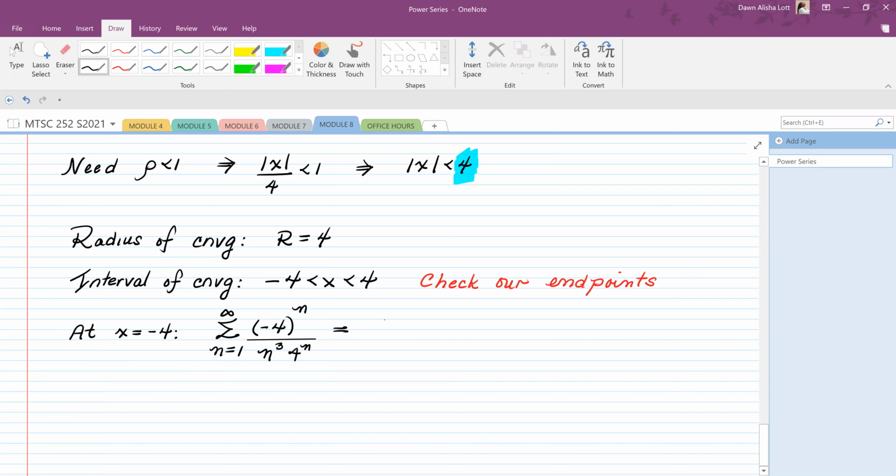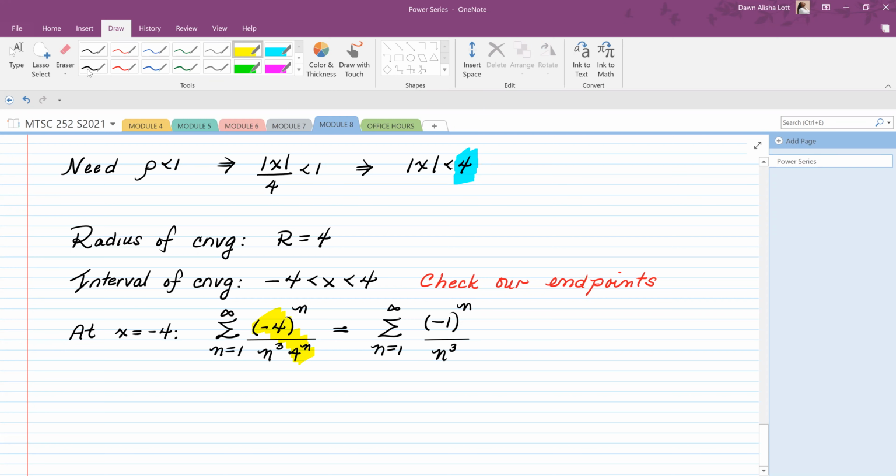And that looks like the sum n equals 1 to infinity of -1 to the n over n cubed. Okay, because I can make that just -1 to the n.